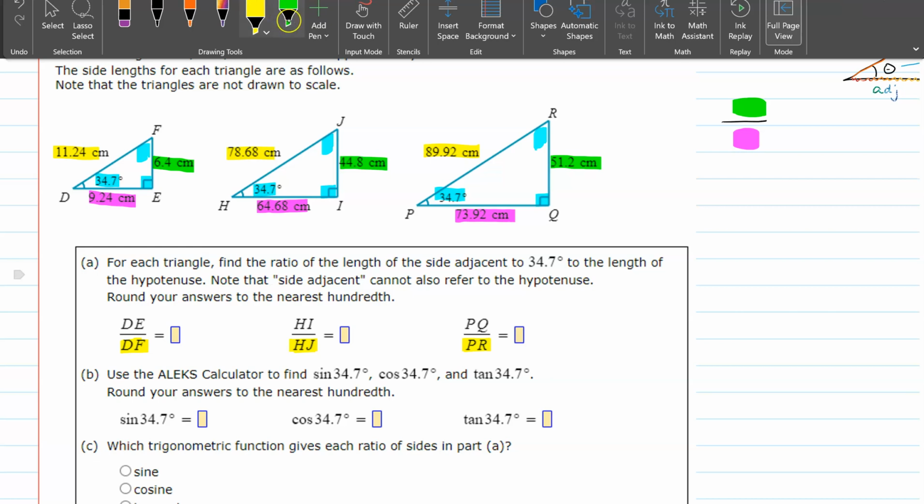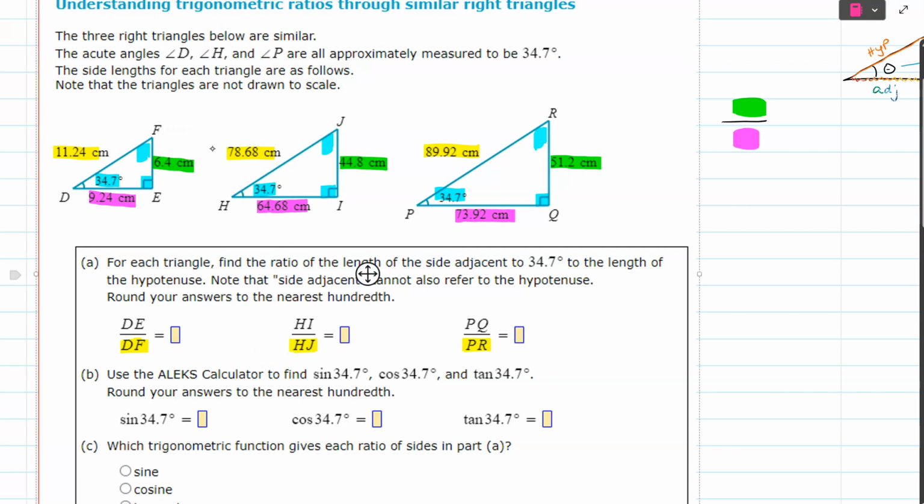And similarly, they want DE, so I highlighted that in pink. So DE is pink, HI is a pink one, and PQ is a pink one. What we're going to do is calculate the ratio of these sides, and according to what I've told you, they should all be the same value.